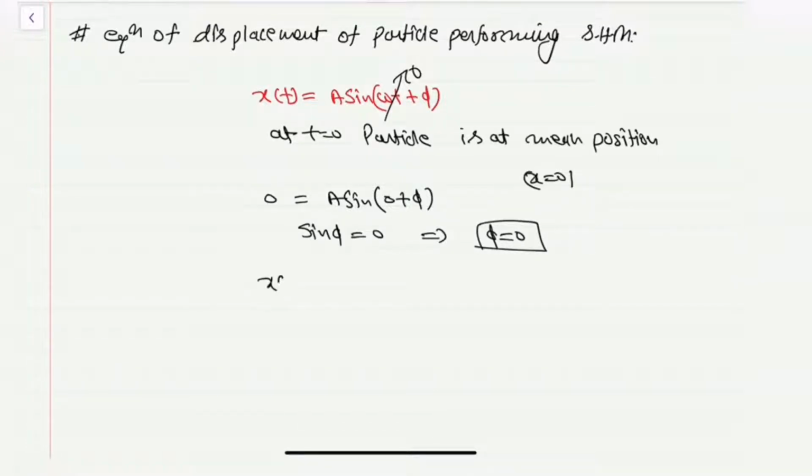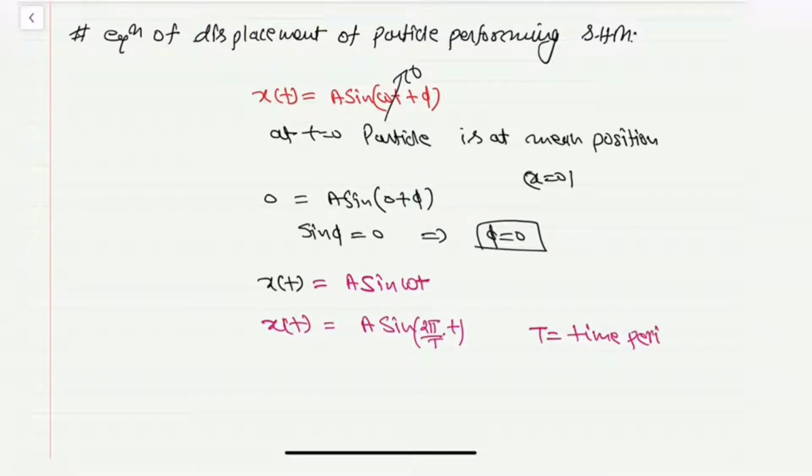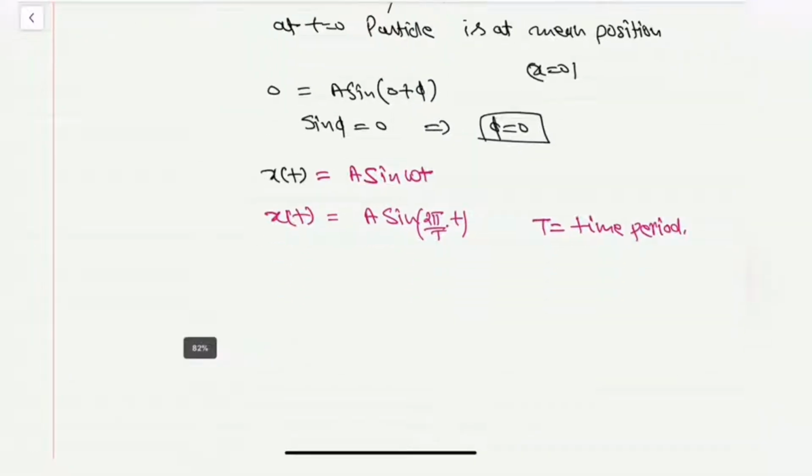Therefore, in a simple way, the equation of displacement of a particle in SHM can be written, with phi equal to 0, as x is equal to A sine omega t. Or maybe it is better to write it as A sine of 2 pi by T into small t, where T is the time period, isn't it?